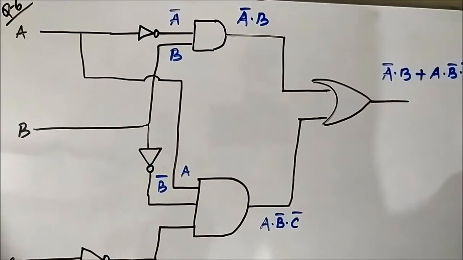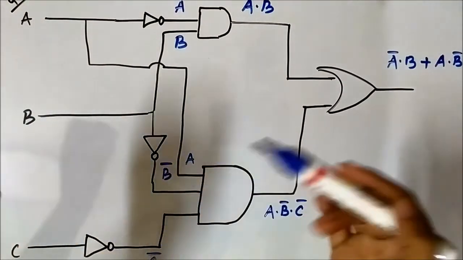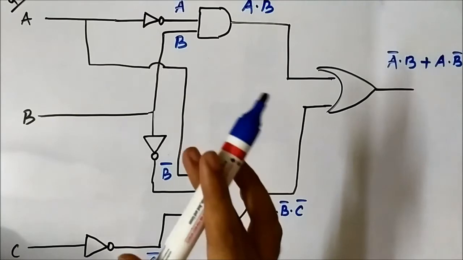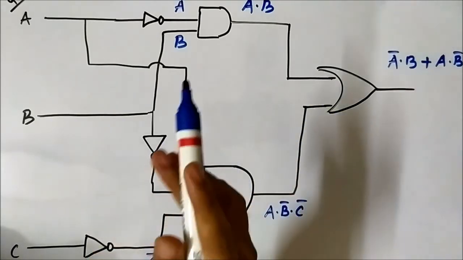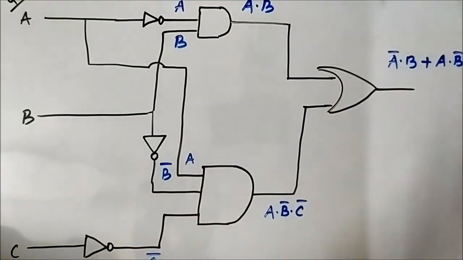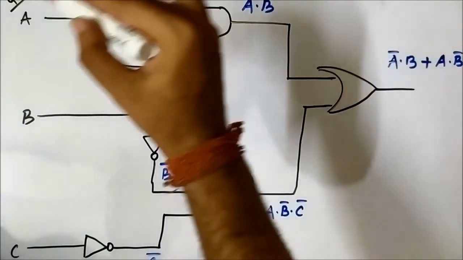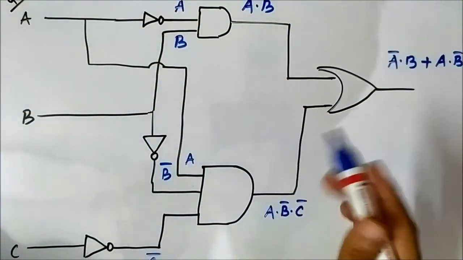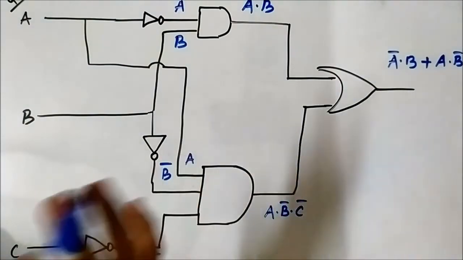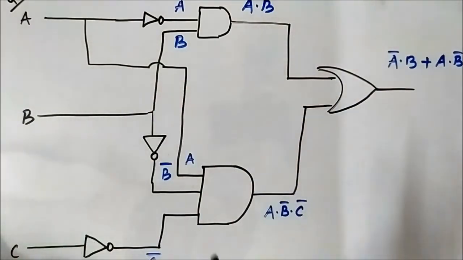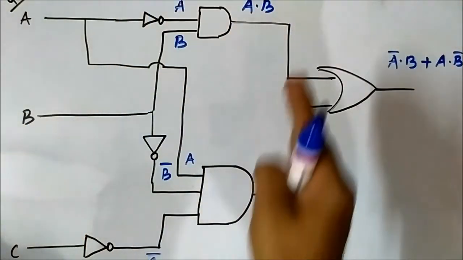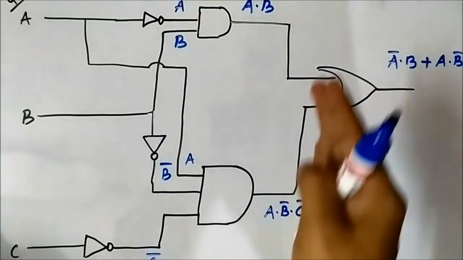At first, if you look at this logic circuit, it will look a little bit complex, but always don't try to solve this logic circuit all at once. If you do it that way, it will be confusing. So always divide the circuit into layers, into levels.